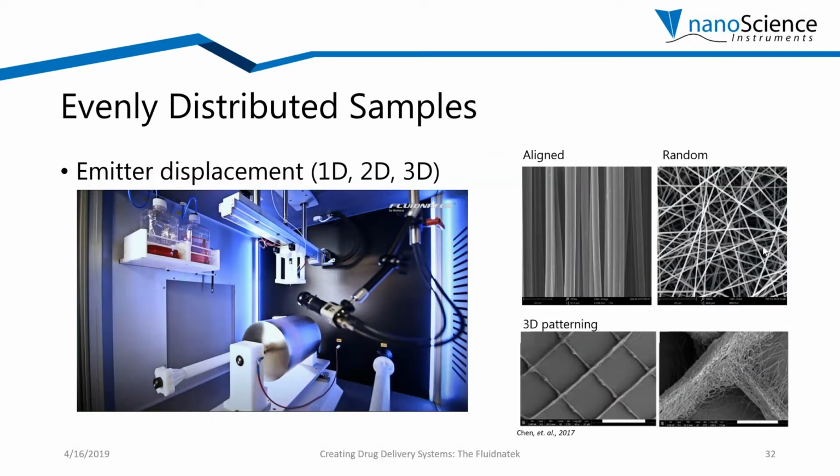Anyone that uses a home-built unit knows that creating homogeneous thickness in the sample is really challenging. With the Fluidnatek, this is an easy process that is done by having motorized movement in either 1, 2, or 3 dimensions. The video on the left is showing our LE500 with a rotating drum and the emitter being displaced in one dimension, the y-axis.